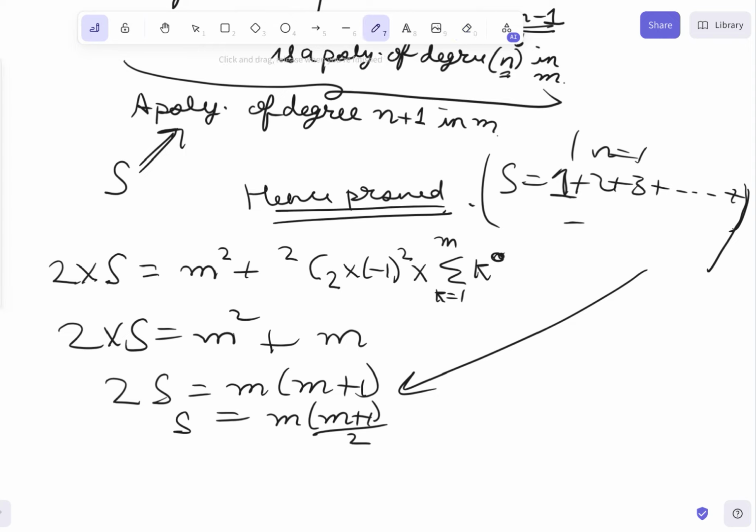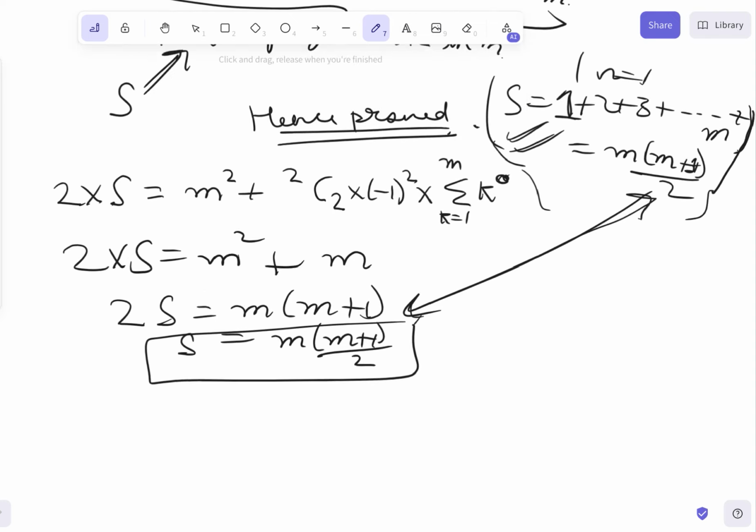Let's sum till m only here, so it becomes clearer, and write the formula as m into m plus 1 by 2. So you see, this matches with the formula, so it gives you some confidence that this is actually true.